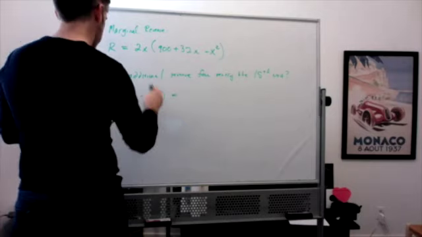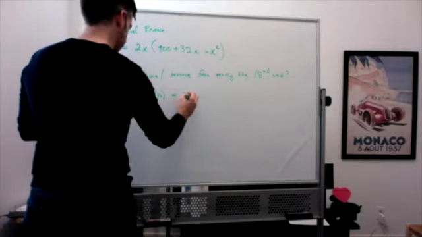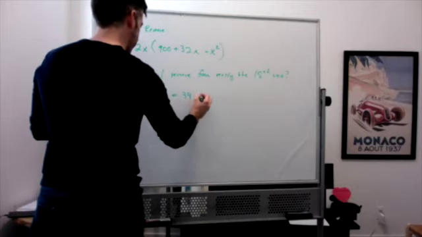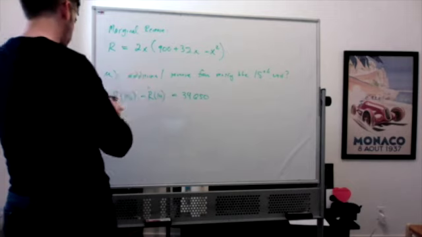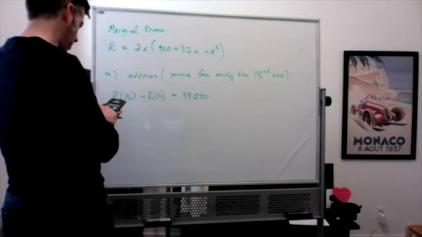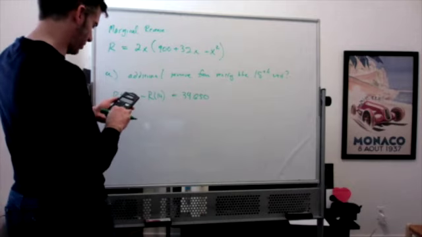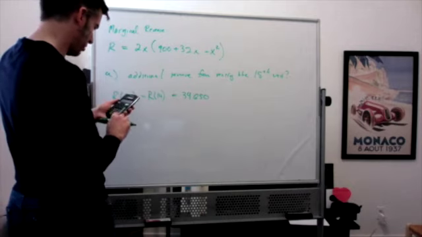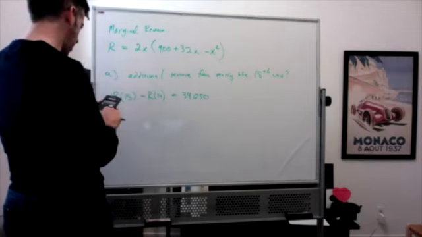That's going to be 30 times 1155. And when we plug in 14, the math is a little harder. 32 times 14, minus 14 squared, then add 900, and then multiply by 28.